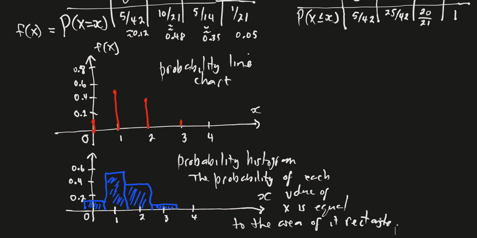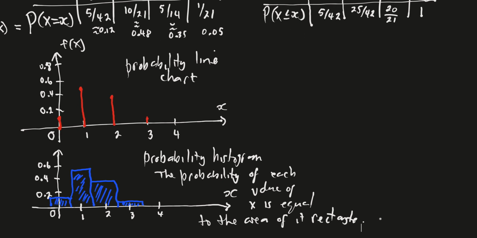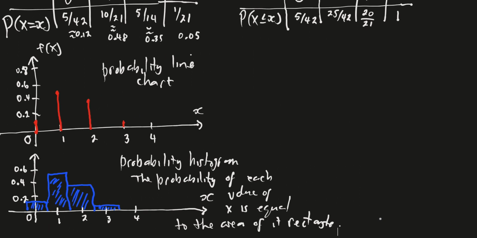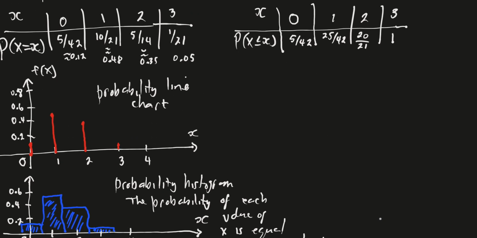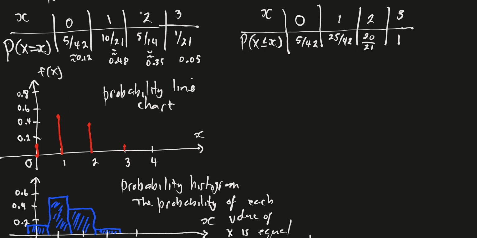Okay, so those are two graphs that are associated with the PDF. What about Mr. CDF? Well, first let's address the notation. So I'm saying that we will often use the lowercase f to represent the PDF.